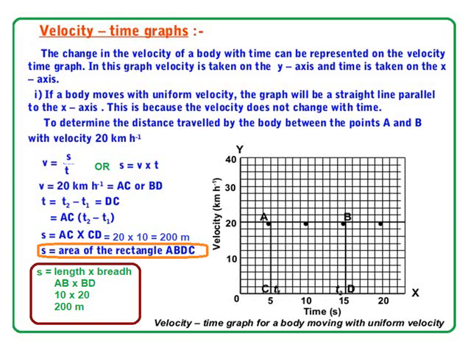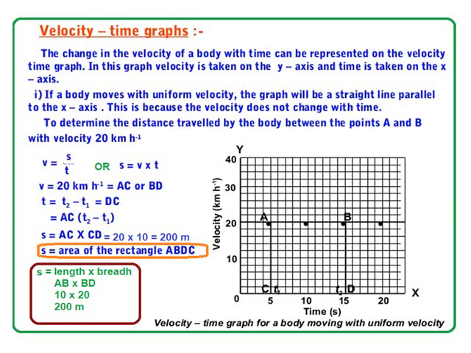Now look into the graph and find out what is the value of the velocity. For the line AB, the velocity is 20 kilometers per hour. And look into the time. The A time is 5 seconds and B time is 15 seconds.